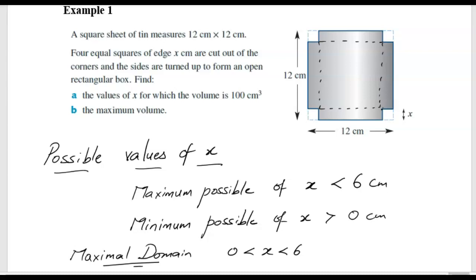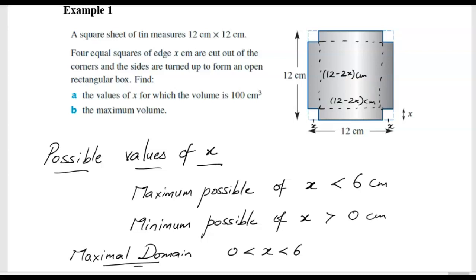I'm going to cut squares of x centimeters from each corner, which means the new width for this box is going to be 12 minus 2x centimeters. Similarly, the length is also going to be 12 minus 2x centimeters.